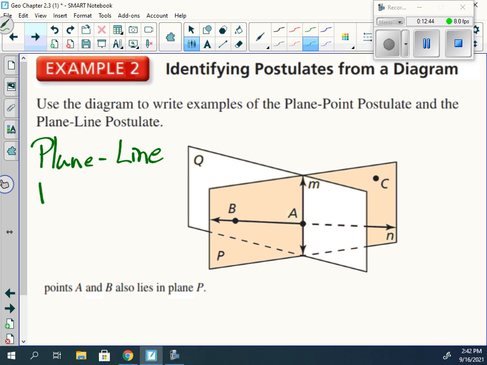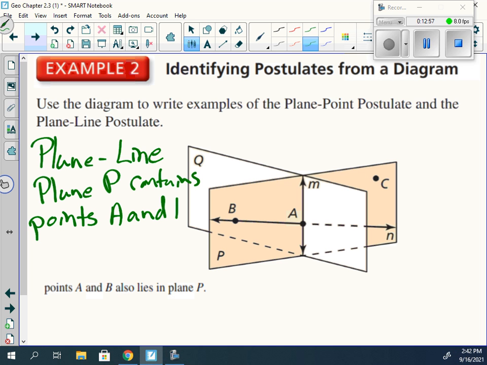So we're talking about plane P, which contains points A and B and the line AB, or the line through them.